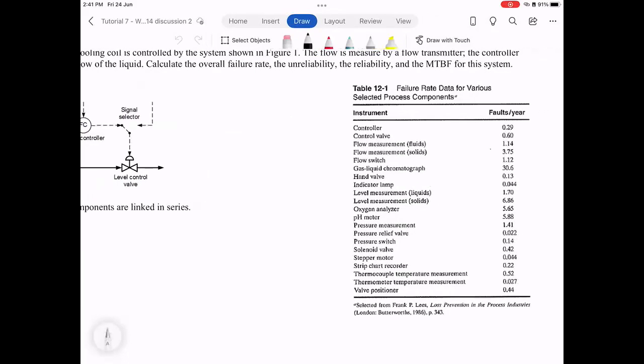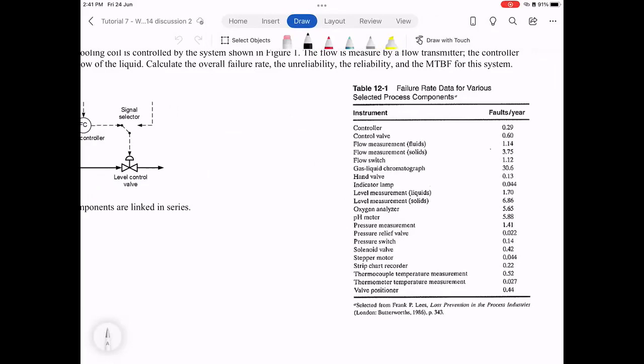This is the data done by the safety officers or maintenance departments, who have tested again and again on all these controllers, control valves, and flow meters, be it for fluids or solids or particles or dual flow, and also pressure measurements and all that.